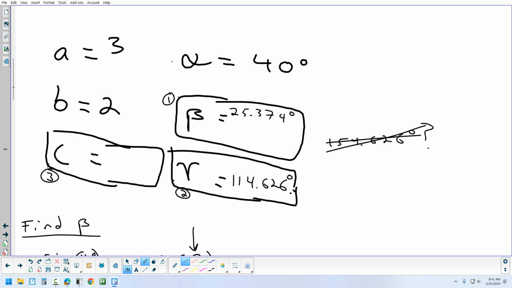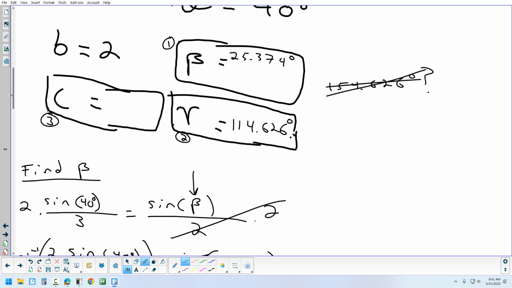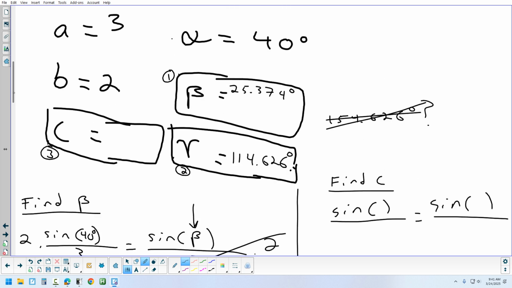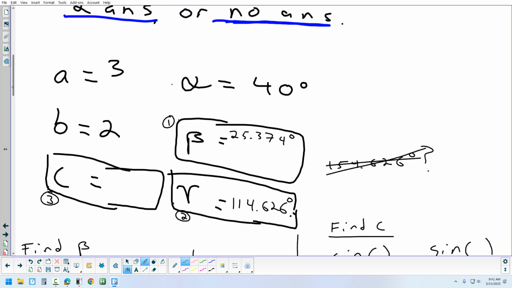So now we can find C. Let's just do that over here. Okay, so sine. Okay, how many full rows do I have now? 2. Row A and row B. Which row should we use to find C? Yeah, because it was given, there's no decimals.